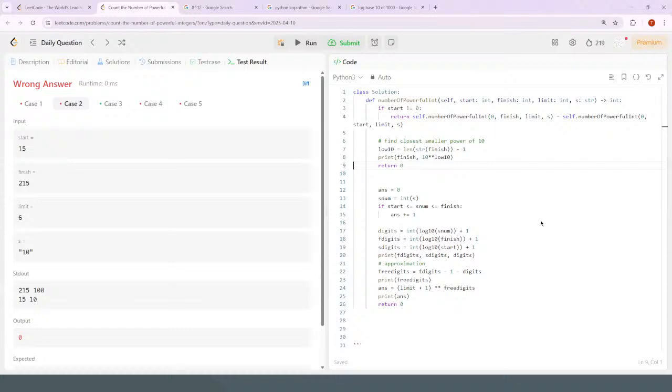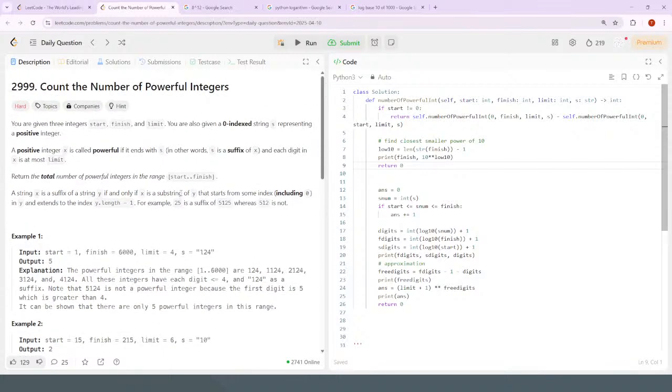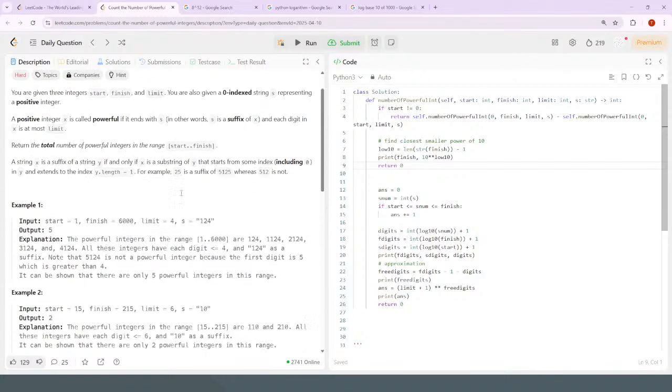Can you use binary search? You're searching for the actual number. Yeah, so off the top of my head, it doesn't seem like I would want to use binary search here.